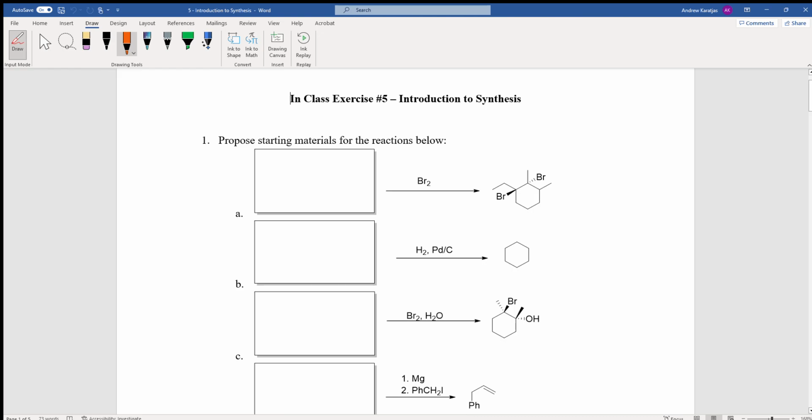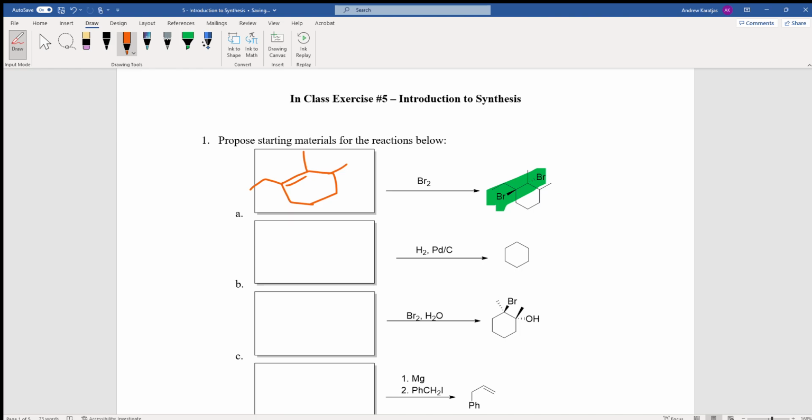And given that our product here has the dibromide, we can fairly safely say that that's exactly what was happening in this reaction. And so our starting material would be the corresponding alkene that could then be halogenated to give us the dibromide.